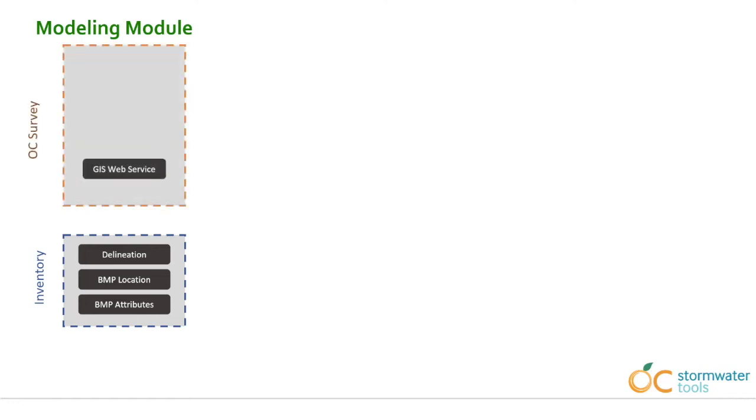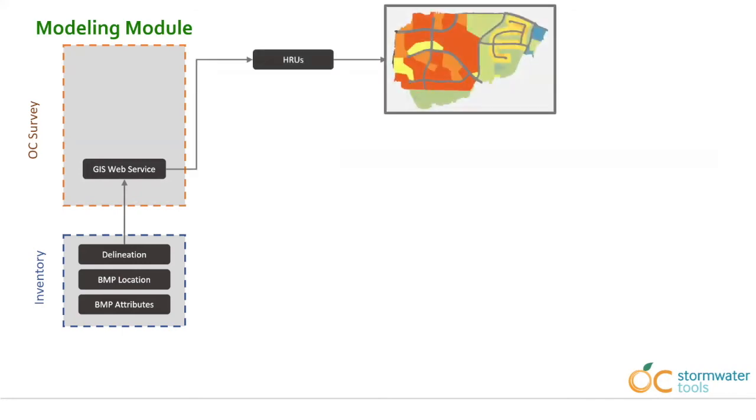We're going to combine this set of information that Orange County Stormwater Tools manages with the resource we have with Orange County Survey. They manage a set of GIS web services. So by sending our delineation feature into one of these GIS services, we can produce a set of HRUs that describe the land surfaces contained in that delineation.